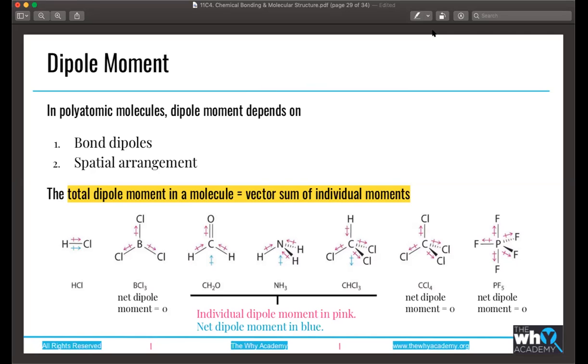Polarity, apart from letting us check whether something is going to dissolve or not, depending on the quantity of polarity, gives rise to a lot of other properties also: electrical properties, magnetic properties, and all of that. So it's quite important to know the polarity of any particular molecule.